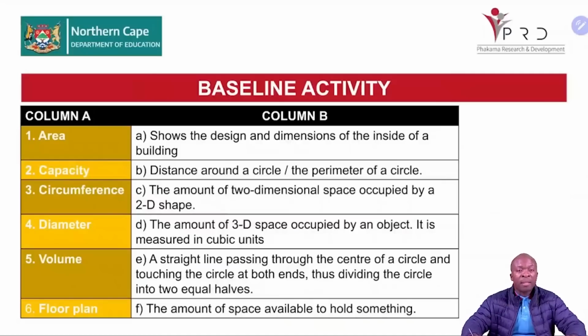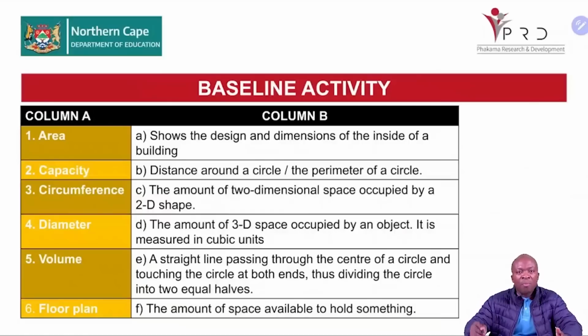So the first one is talking about area. When we talk about area, what is it? When we talk about capacity, what are we speaking of? When we speak of circumference, diameter, volume, floor plan, you should be able to identify and utilize the explanation or the definition appropriately. So can you quickly go through it?